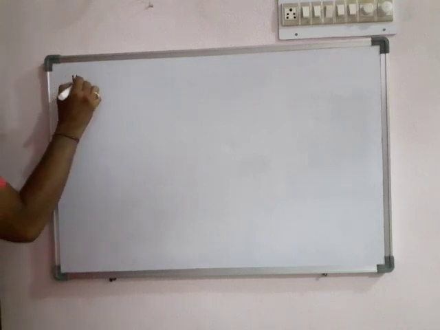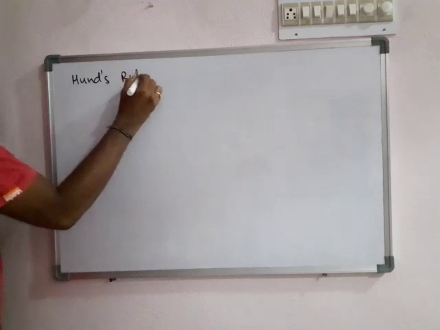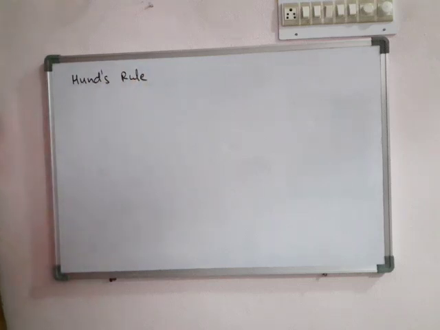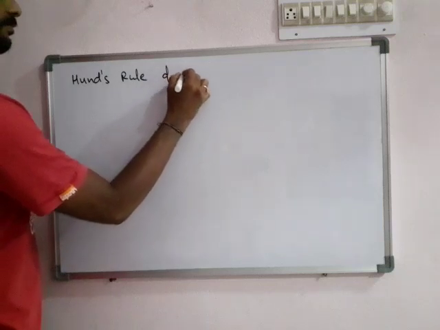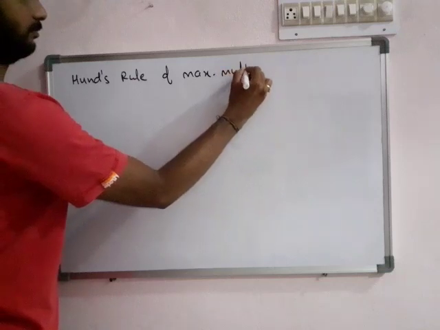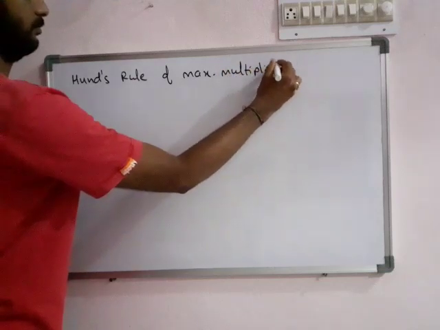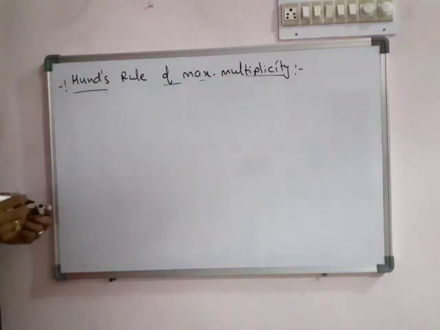Okay, next is Hund's rule. It is also known as Hund's rule of maximum multiplicity.